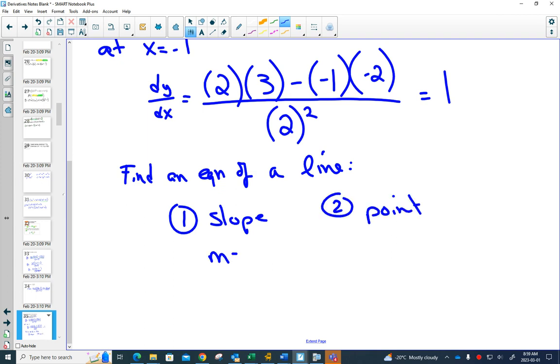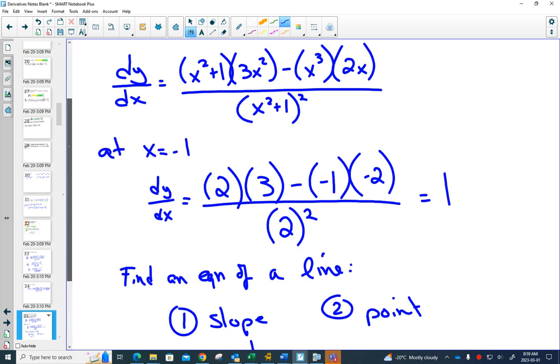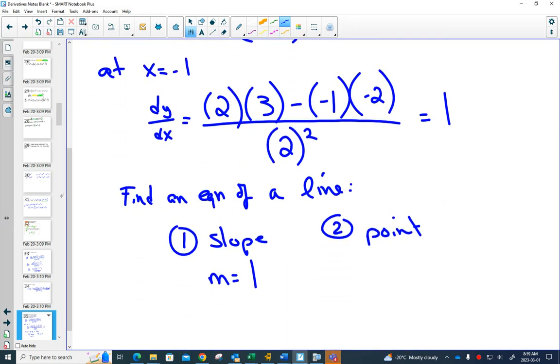We know the slope because the slope comes from our derivative. We don't know a point yet, but we know that we want to find it when x is -1. But in order to have a point, we would also need the y-coordinate. So we have to ask ourselves, well, if I know an x-coordinate, can I find a y-coordinate?